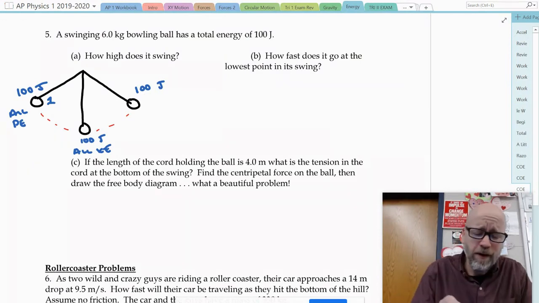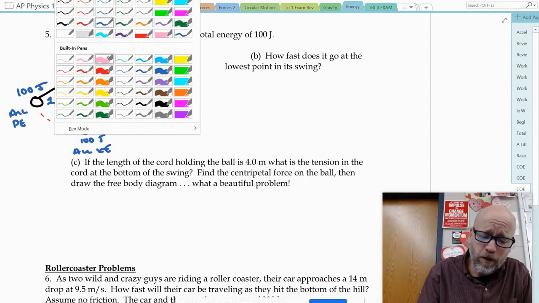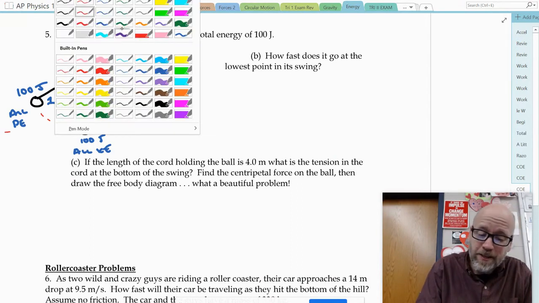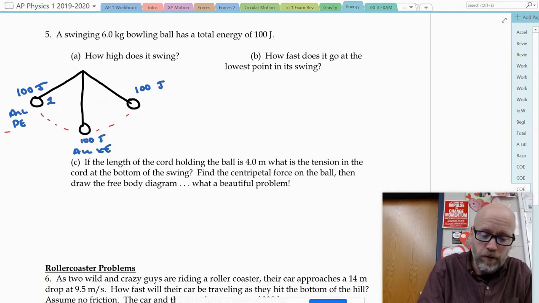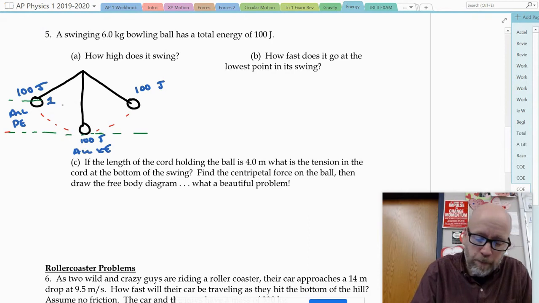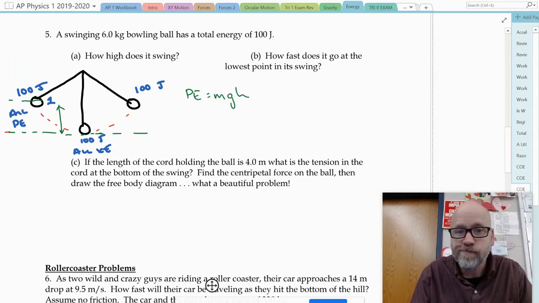Well, if I want to find the height, I think I'm going to focus on position 1. Now see, I'm making this seem very simple, like how I go about figuring out what formula to use. I expect it takes you guys a little bit longer. Maybe not. But if I want to find h, that's going to be the potential energy equals mgh.